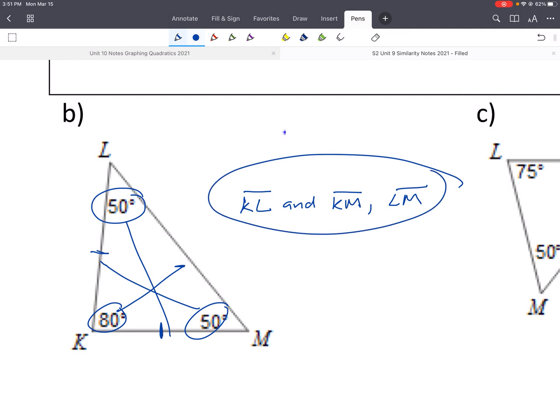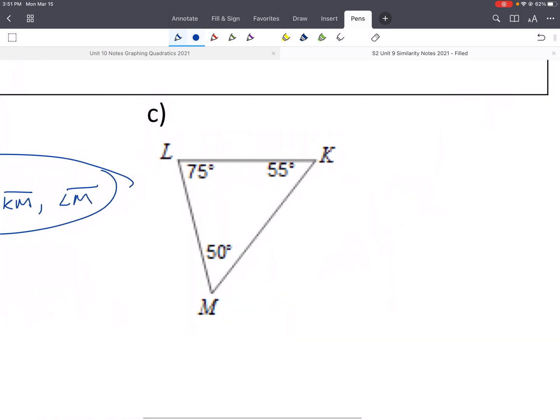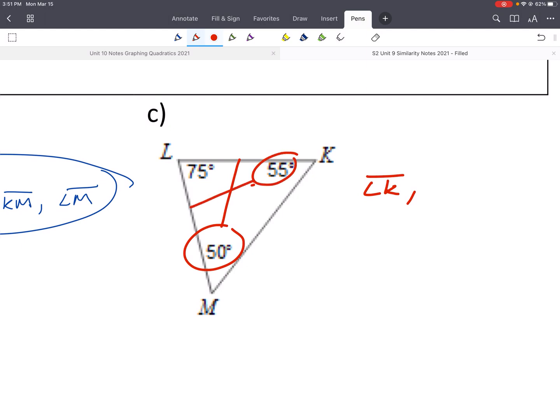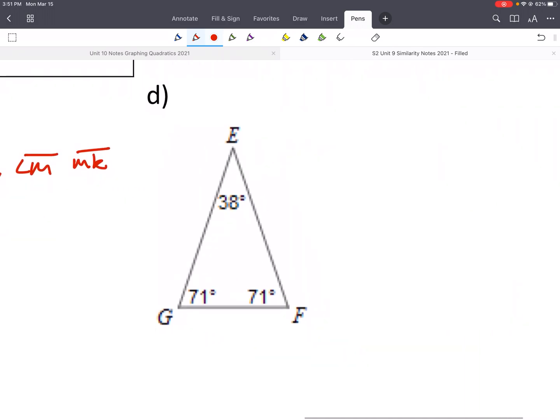But also we could also just say like equal. All right. Here's just a couple more examples. So here's the smallest. We'll do LK. Next we have the next smallest is LM. And then the largest is MK or KM. Either way, we're good. Okay, another isosceles.